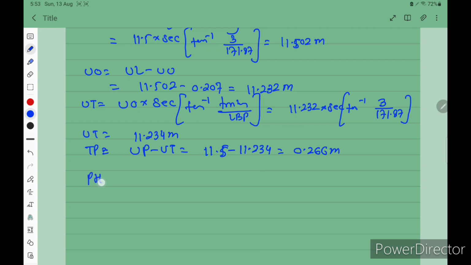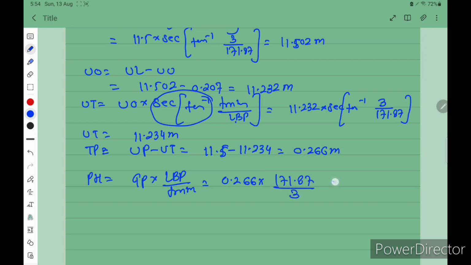Okay, so now we can find out PH is equal to TP into LBP by trim. So 0.266 into 171.87 divided by 3. So we get 15.239 meters. Now DH is equal to A plus PH.